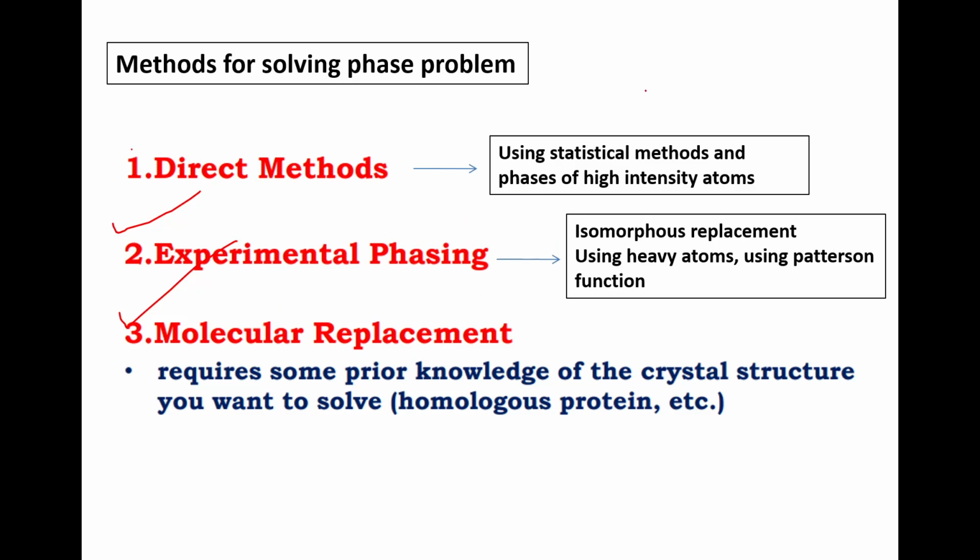So we use some heavy metal atoms or heterologous atoms in the crystal whose phases can be easily calculated. This calculation is done on the basis of the Patterson function, or the Patterson lattice or Patterson space.